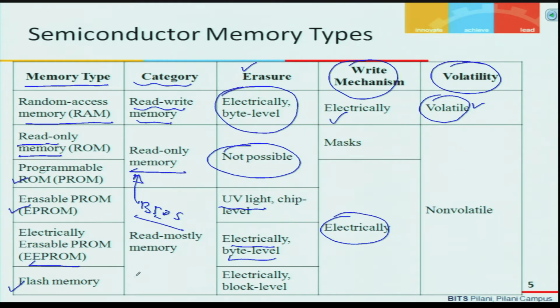In that case the ROM is the appropriate choice. And another characteristic of this ROM is that it is non-volatile. Non-volatile means even if the power is switched off, the contents will be retained, the contents will not be lost.